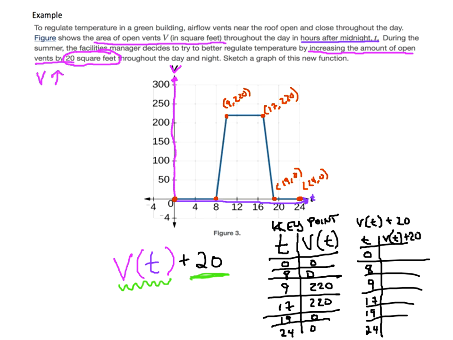What this says now that we've made this adjustment for the summer, at these same times, I'm going to have my original output values plus 20 to have new output values.